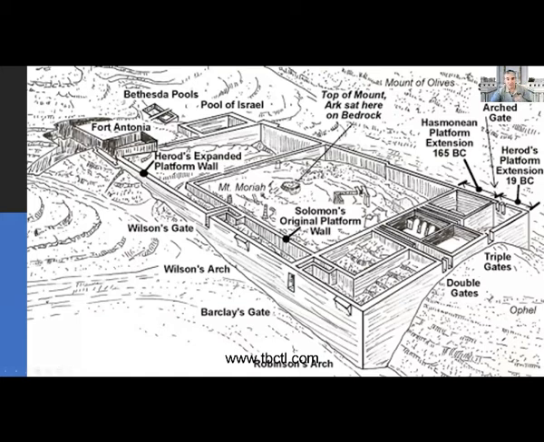You have a lot of empty chambers. These are the very famous Solomon's Stables that we hear about so much. Topographically, these are the slopes of Mount Moriah, and what Herod did was build arches. If this is the mount itself, he built arches in order to create a plateau, and then he built the temple on top of the plateau.